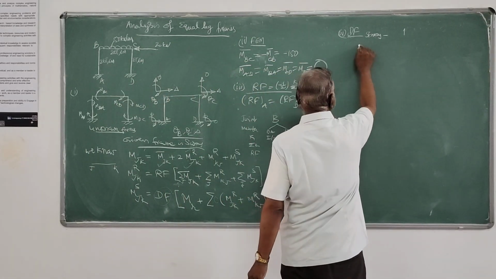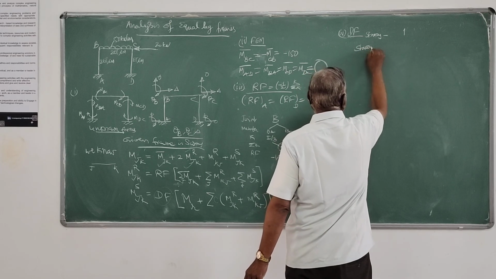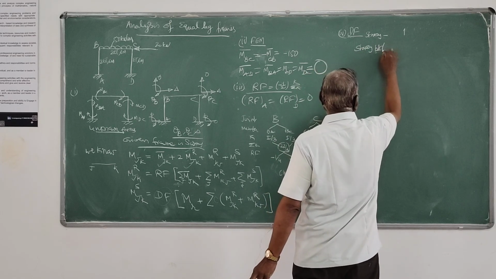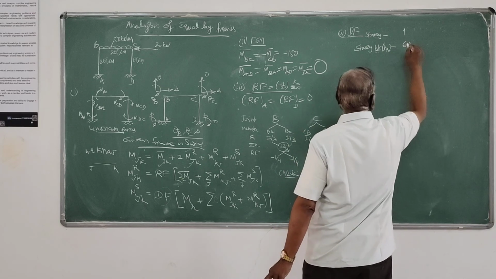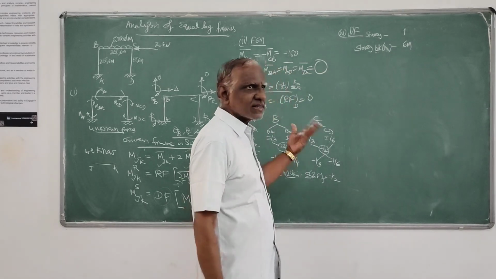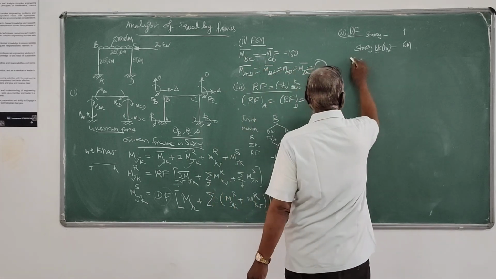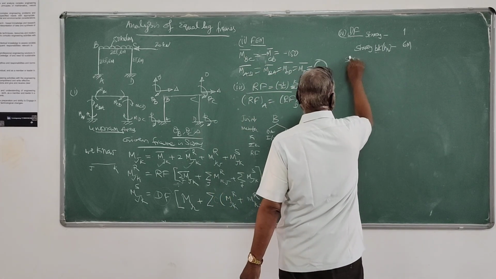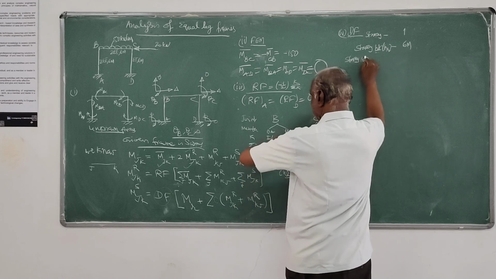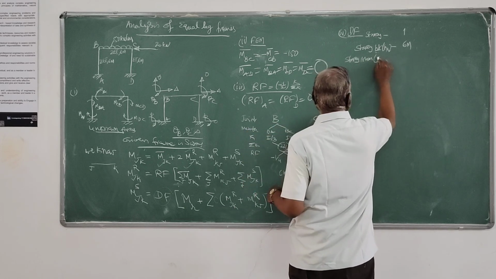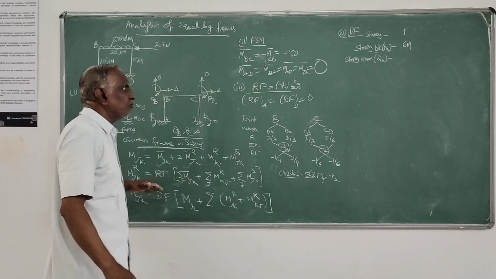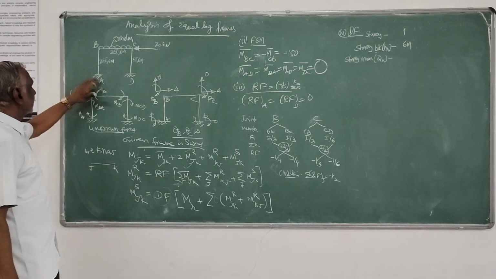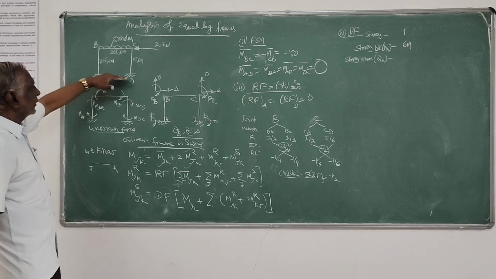Then you can say story height. Here it is story height HR. It is constant. It is 6 meters. Then story shear QR, that I defined as the sum of all horizontal forces acting on the story.